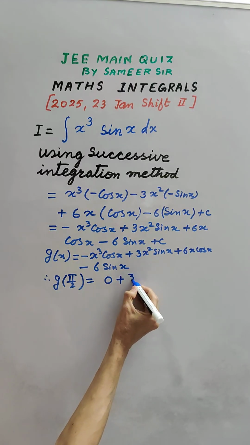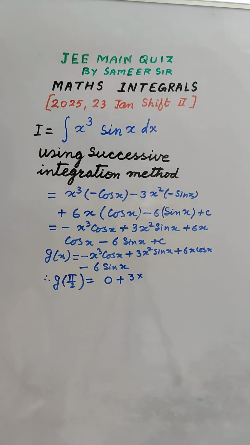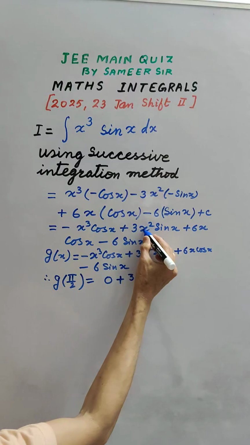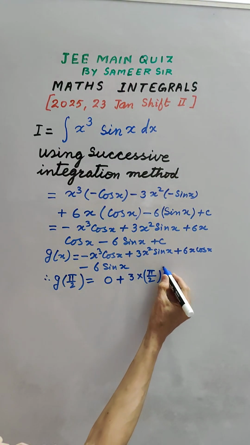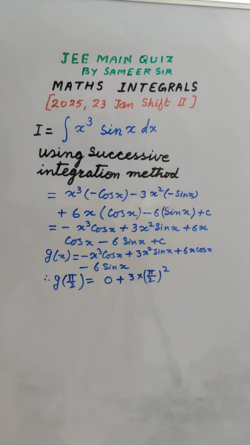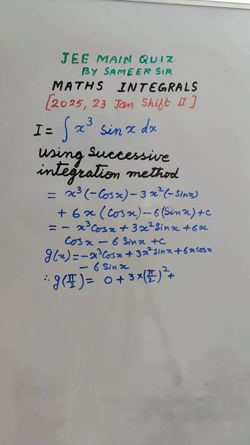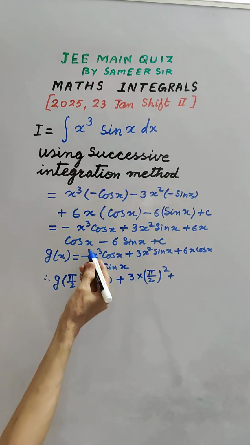So 3 into, instead of x, substituting pi upon 2, pi upon 2 square into 1, that is 1, sin x is 1, plus for this cos x pi upon 2 is 0, so this will be 0.